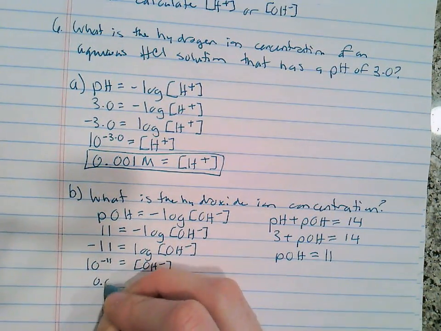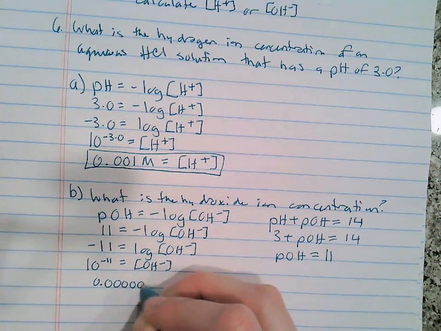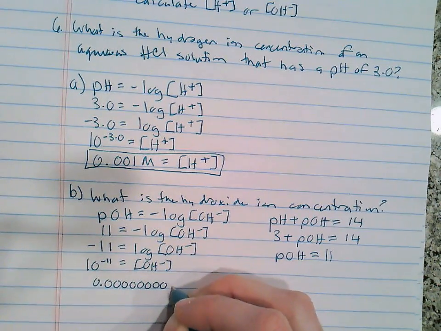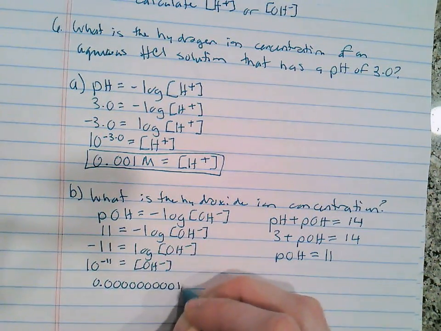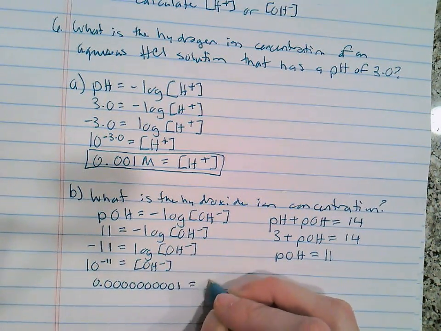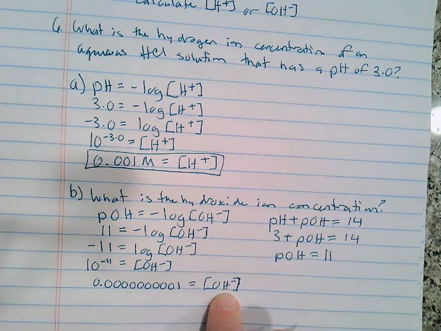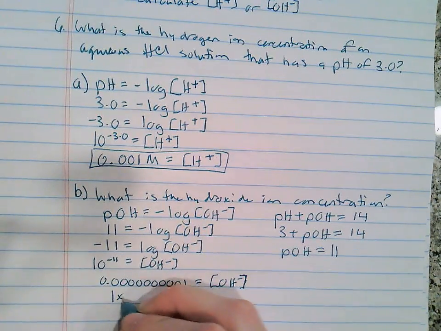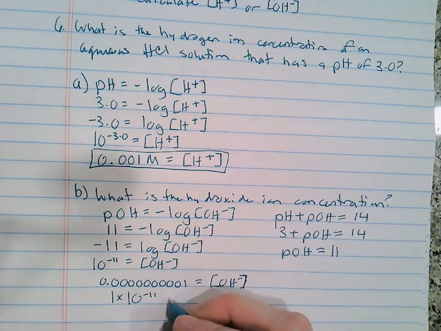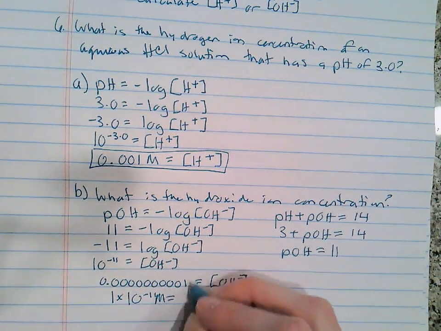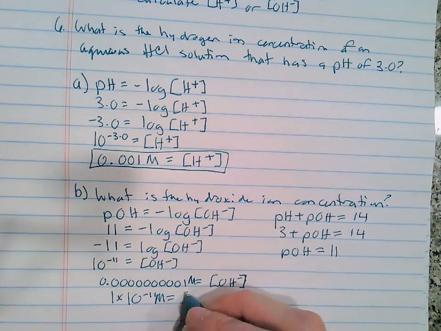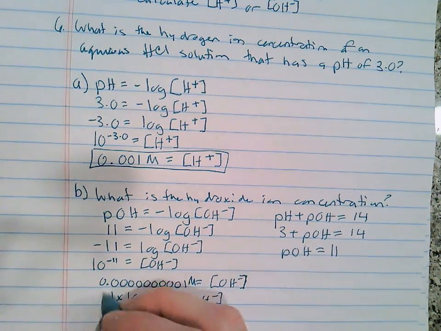So 0.1, 2, 3, 4, 5, 6, 7, 8, 9, 10, 11, equals the hydroxide ion concentration. If you wanted to leave this in scientific notation, that would be fine. You could write it as 1 times 10 to the -11 molar equals my hydroxide ion concentration.